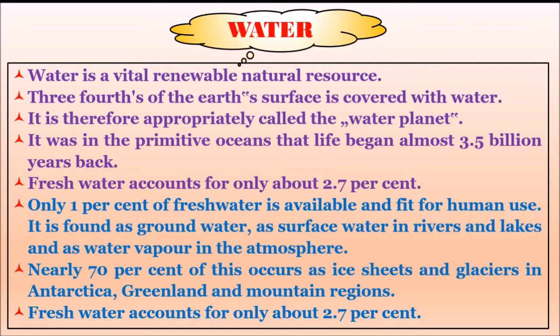So, to discuss this in detail, children, water is a very necessary renewable resource, and water covers almost 3/4 of the earth's surface. Hence our planet is also called the water planet, and around 3.5 billion years back life began for the first time in the water of the primitive oceans, the old oceans.